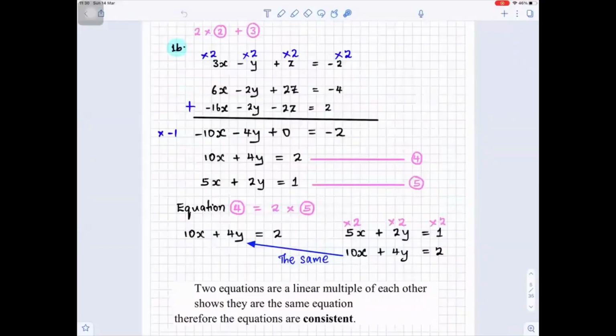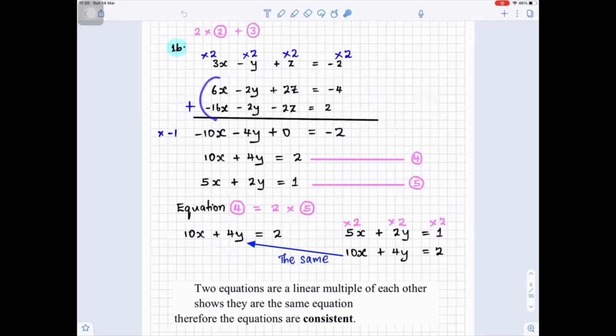Now, what we want to do is multiply equation 2 by 2, and then add to equation 3. That will eliminate z. So multiplying equation 2 times 2, that will give us 6x minus 2y plus 2z equals minus 4. And we add that to equation 3.